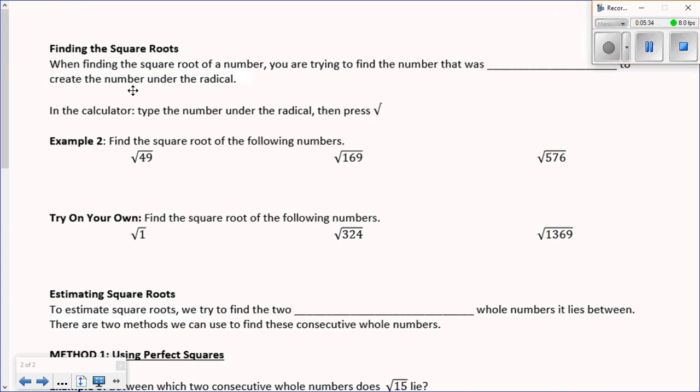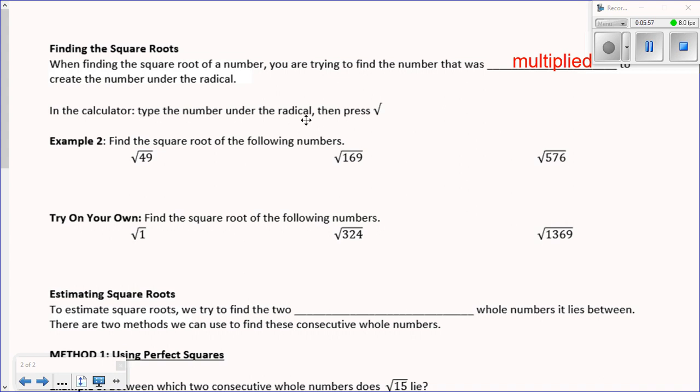Alright, finding square roots. When you are finding the square root of a number, you are trying to find the number that was multiplied to create the number that's under the radical. Okay? Now, in your calculator, there is a little button that you can press. So what you would do is you would type the number first under the radical.